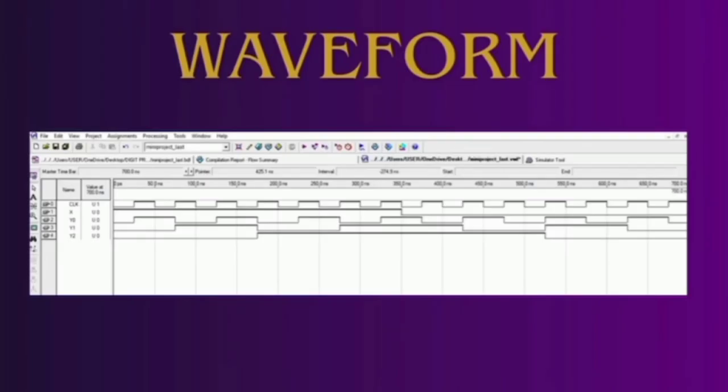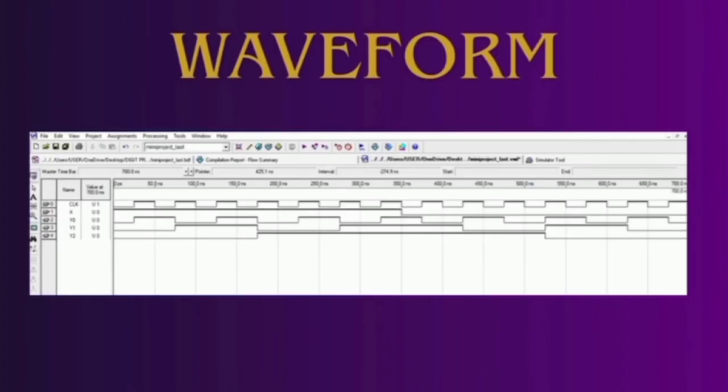The input signal X changes at different times and influences the combinational logic, which determines the next state of the flip-flops. As a result, the outputs Y0, Y1, and Y2 change based on the present state and input conditions.